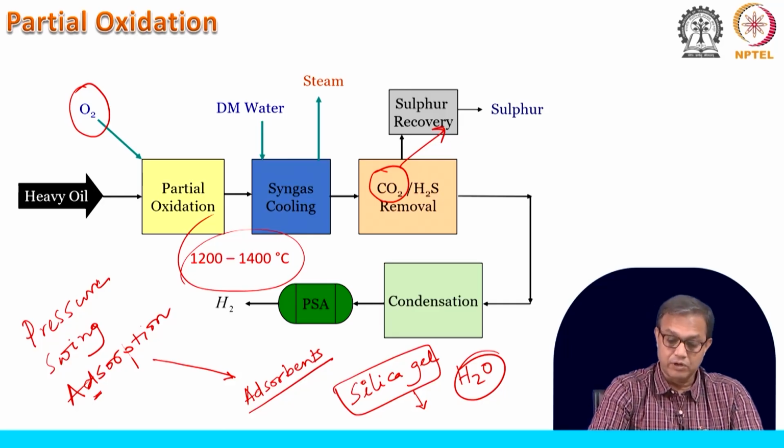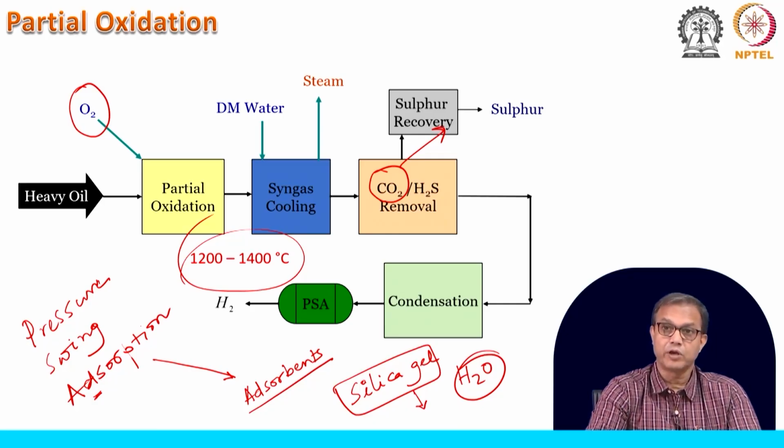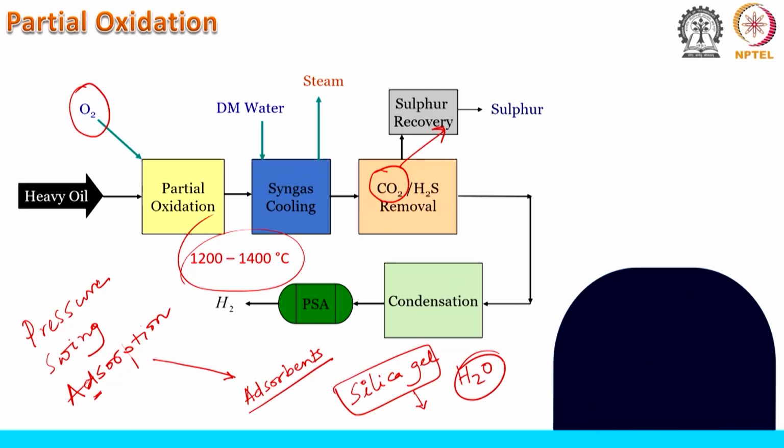That is what is called temperature swing adsorption, where at low or room temperature they adsorb the moisture or the adsorbate, and later on they release it by a change in temperature. That is what is called thermal swing adsorption, but in contrast to that we have pressure swing adsorption.